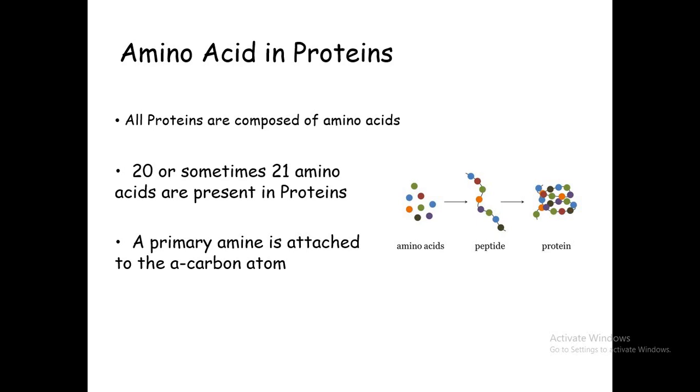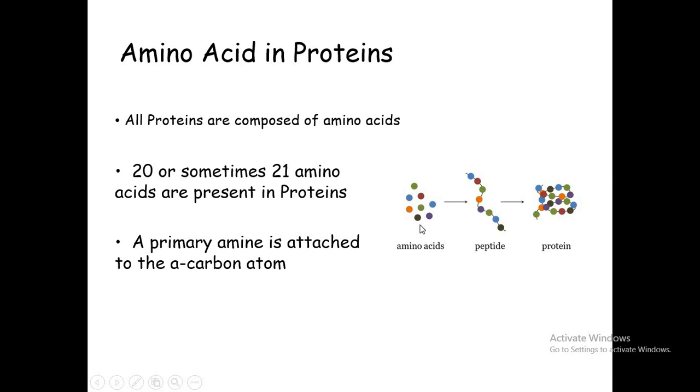So what is protein and what are amino acids? Proteins are larger macromolecules, and these macromolecules are formed after the joining of monomeric units that we call amino acids.